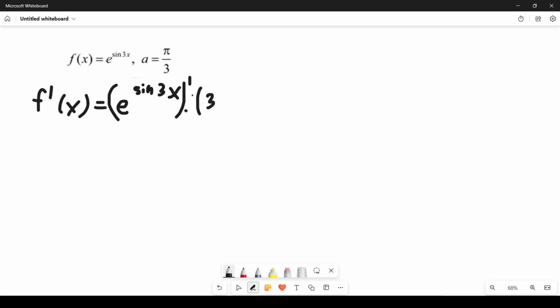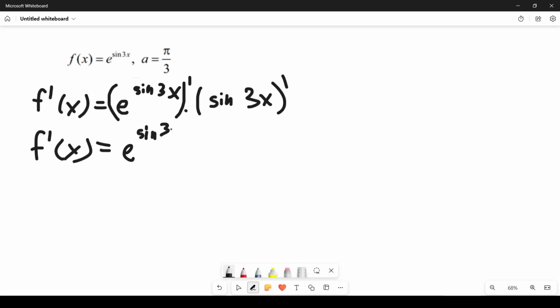So the derivative of the first part times the derivative of the second part, which is sine 3 times x, and what we are going to write from that is that the derivative of x is equal to e to the power of sine times 3x times, and here comes the tricky part, this 3 here is going to go up in front of the sine, and we're going to get 3 times cosine of 3x, because the derivative of the sine function is the cosine function.